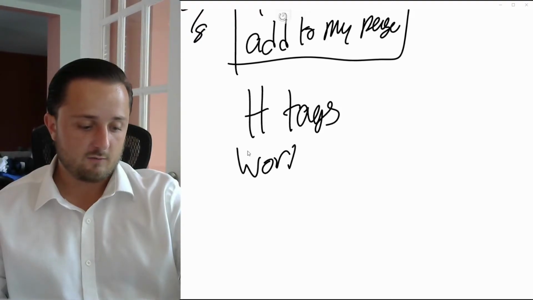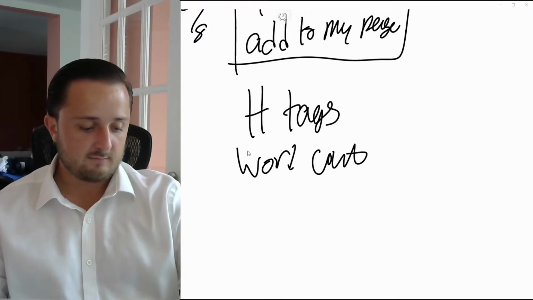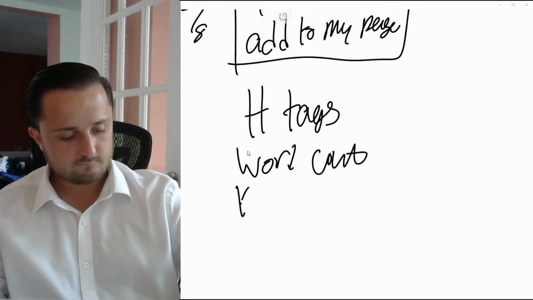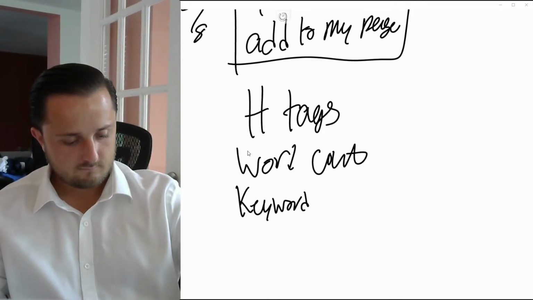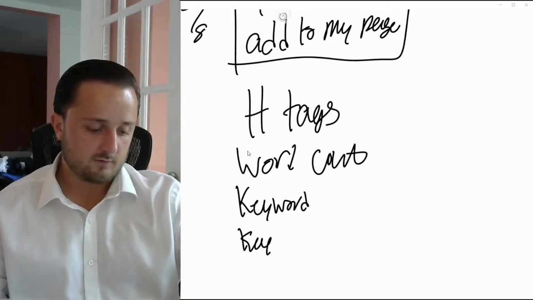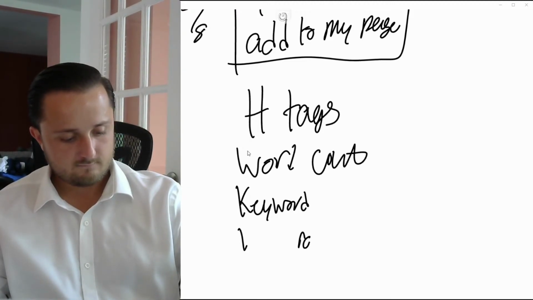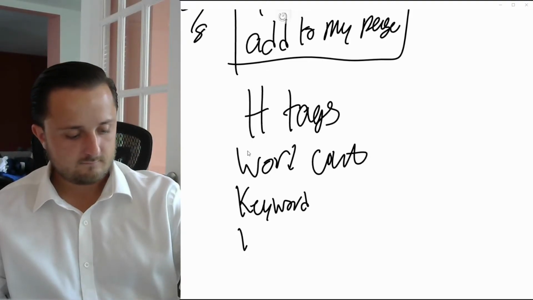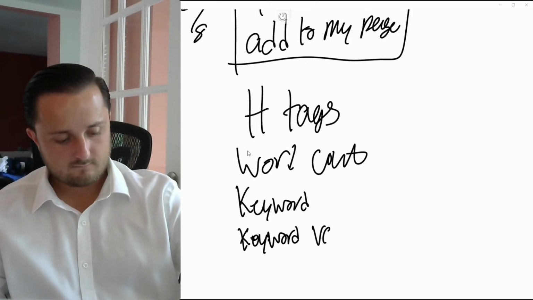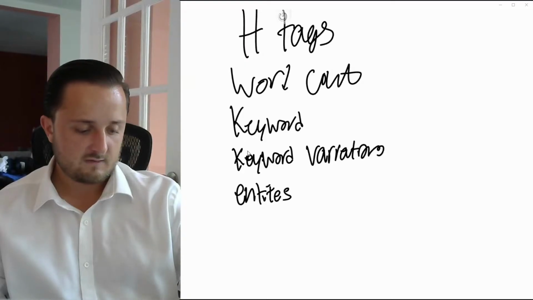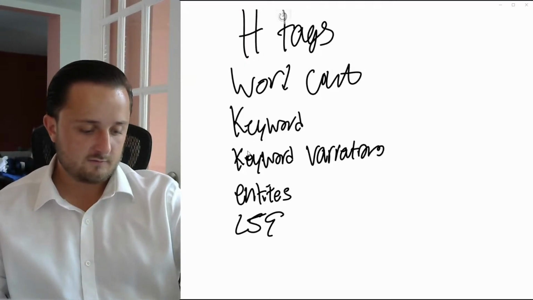This is their word count. This is how many times they've used the keyword. This is how many times they've used keyword variations. This is how many entities they've used. This is how many LSI terms they've used.